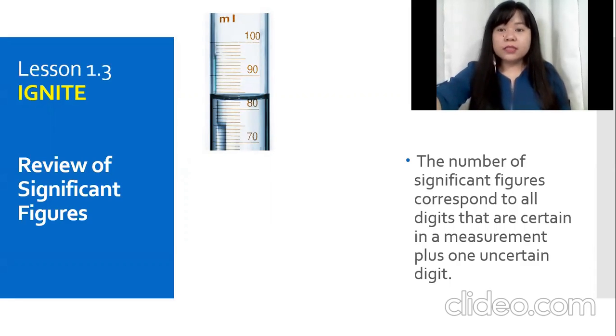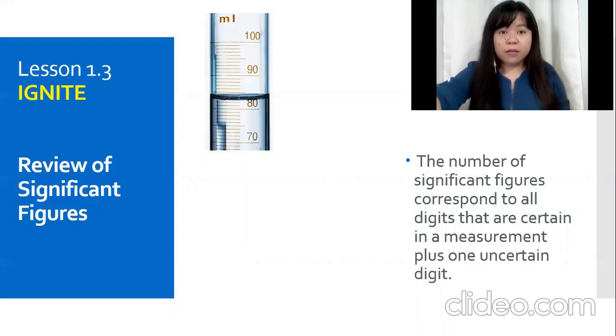So first, significant figures are important when reporting measurements. The number of significant figures in a measurement corresponds to all digits that are certain plus one uncertain digit. In this illustration, for example, we have something that looks like a graduated cylinder.